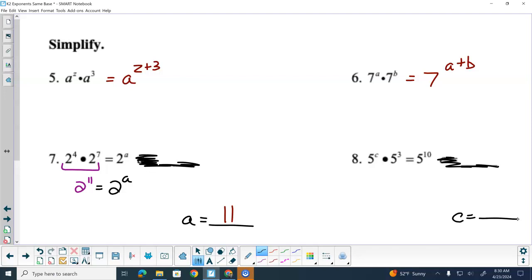If we just say 5 to the c power, then we're totally disregarding this plus 3. So this side right here becomes 5 to the c plus 3 power.